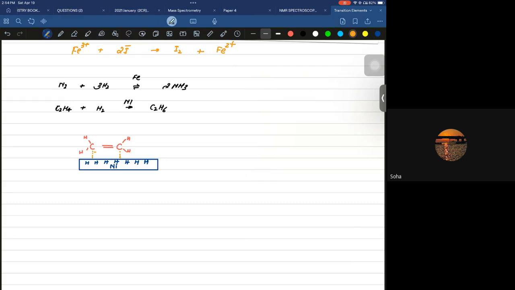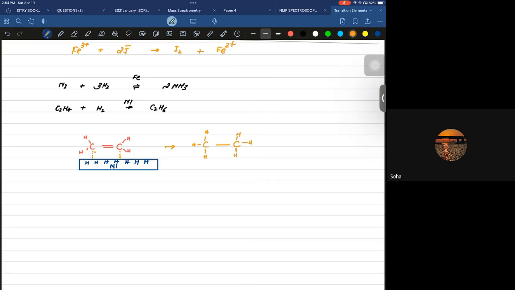It's going to take hydrogen from this metal, and you will see that hydrogen has desorbed from that metal and ethane is formed.